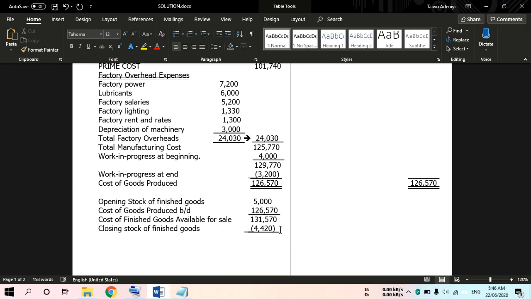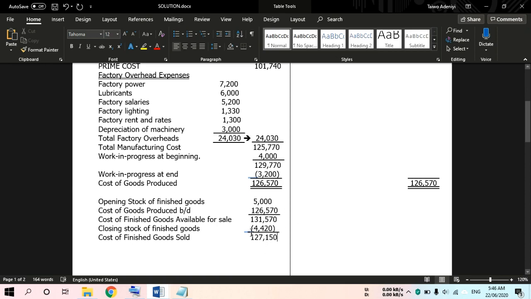So this will represent our cost of finished goods sold. 127,150 naira. Okay, that is the cost of finished goods sold.